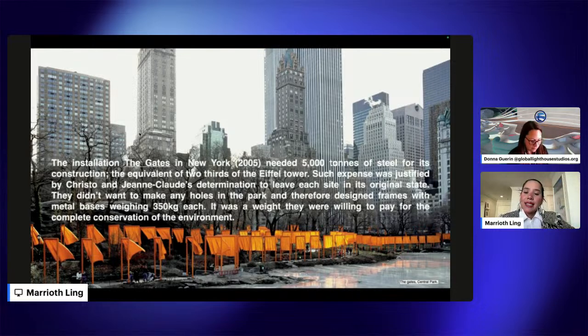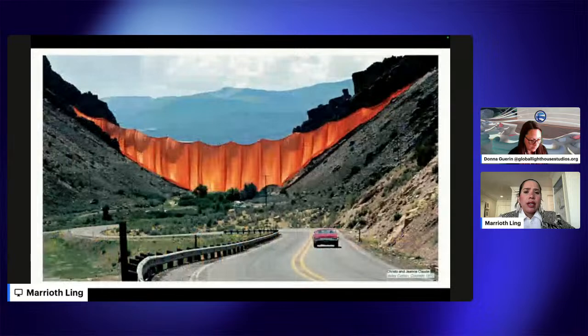They had a big accident with some umbrellas. It was a way they were willing to pay for the complete conservation of the environment of the park. I will talk later about the material.